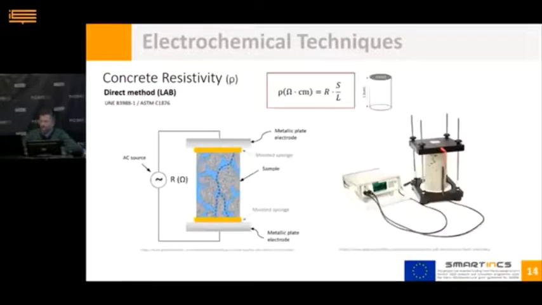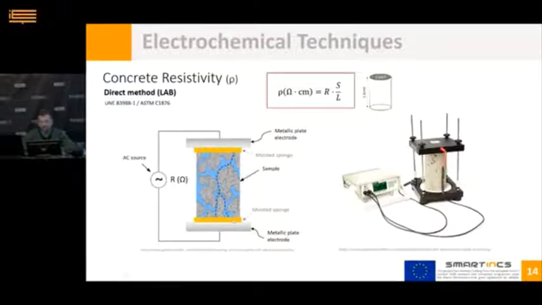The most commonly used laboratory method for measuring resistivity is the direct or two-electrode method, which is regulated by these two standards. This method uses two metallic electrodes or plates placed in parallel at the ends of the concrete sample. To ensure good electrical contact, a wet sponge is placed between the electrodes and the sample.